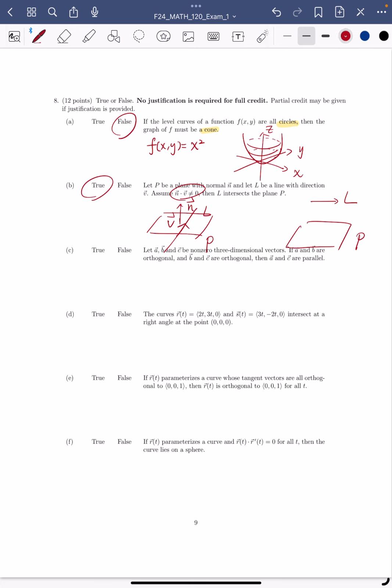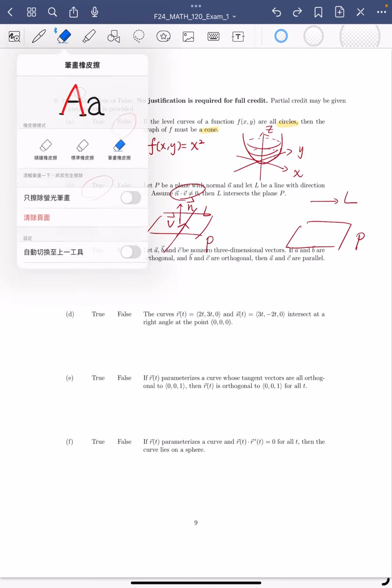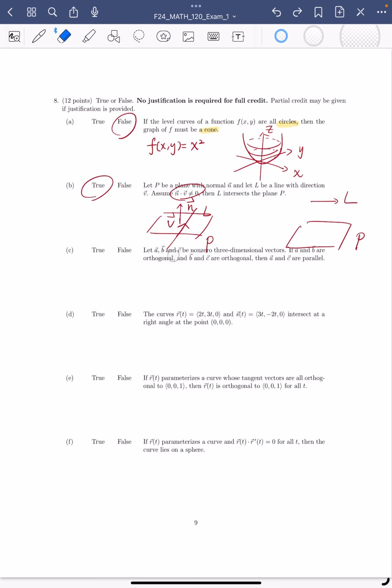So now we have A, B, C. They're non-zero three-dimensional vectors. If A and B are orthogonal and B and C are orthogonal, then A and C are parallel. Okay, we're in 3 dimensions. So let's draw a simple counterexample.